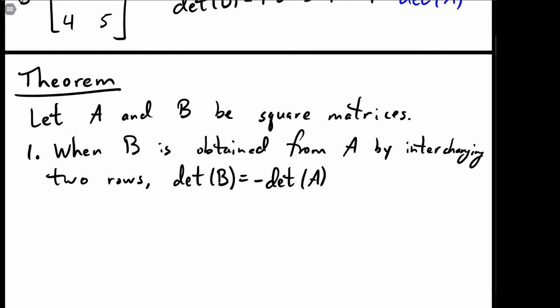Now here, it doesn't matter what the size of the matrices are. These are just generic n by n matrices. But if we take a matrix and we flip 2 rows, that new matrix, the determinant of that is the negative of the original.